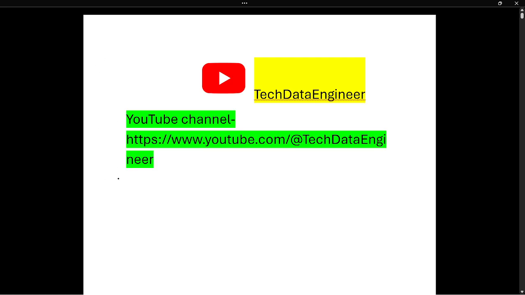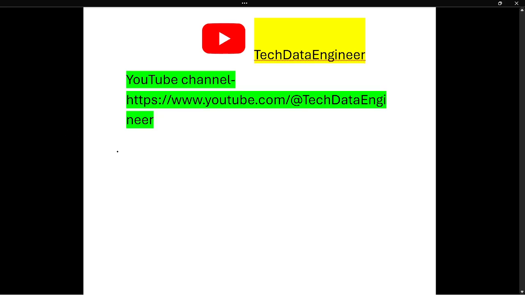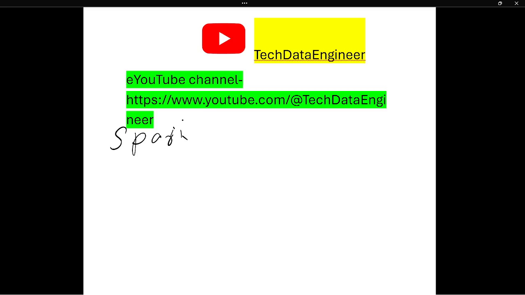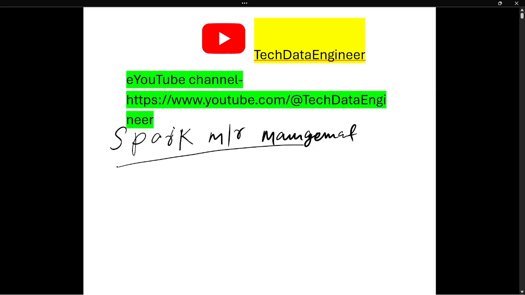Let's start with Spark memory management. In Spark memory management, we have the executor memory.